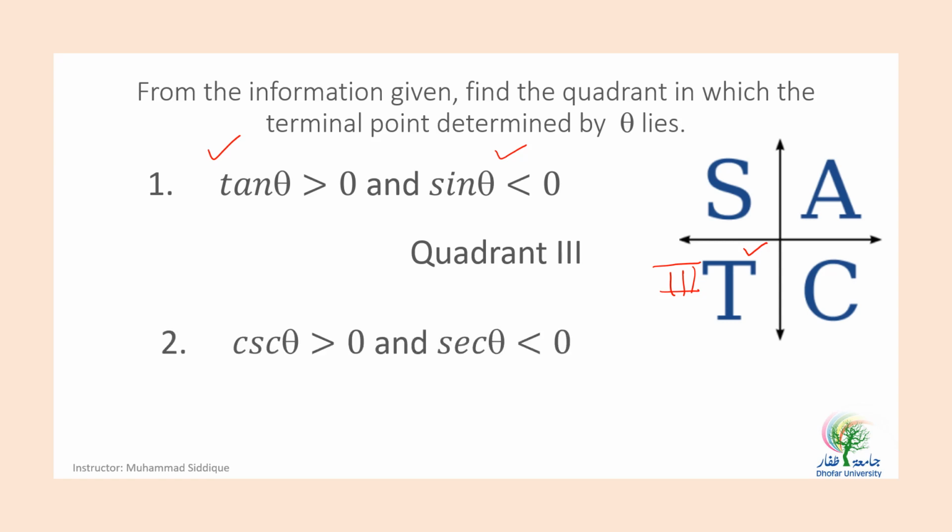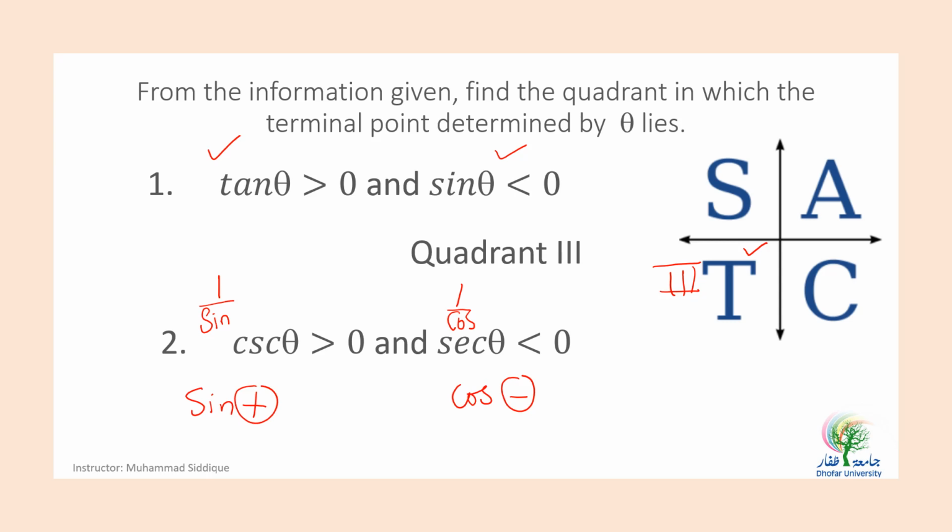Another question: cosecant plus, secant minus. Cosecant is 1 by sine, and secant is 1 by cosine. So if sine is plus, 1 by sine is plus, and if cosine is minus, 1 by cosine is minus. So we want sine plus and cosine minus.